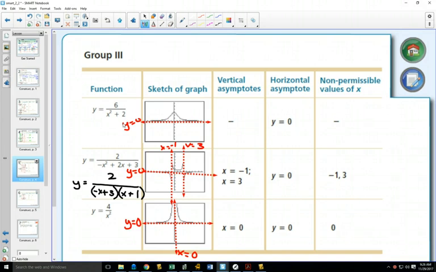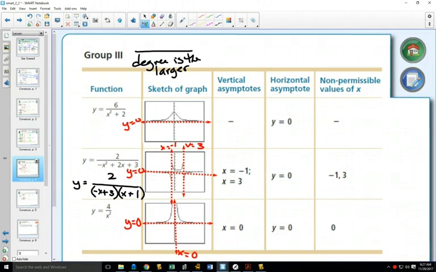So how would we characterize group 3? Group 3 is when you have a function divided by a function, but on the bottom, the degree is larger. So the first three have a constant divided by a parabola, something over x squared.